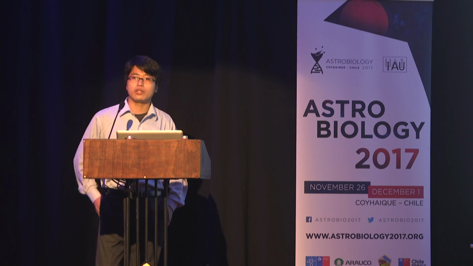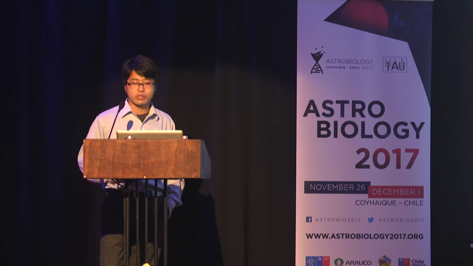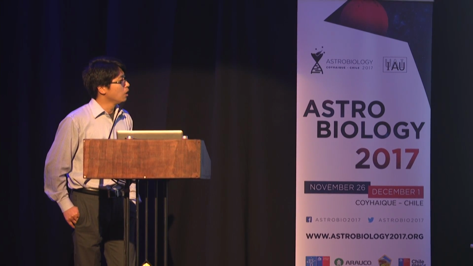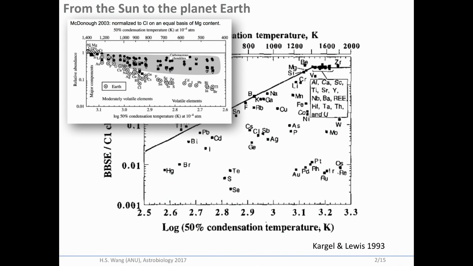This idea is similar to previous studies of volatility trends, for example Kargel and Lewis in 1993, as well as more recent work. However, these previous studies have no uncertainties associated with the bulk composition.